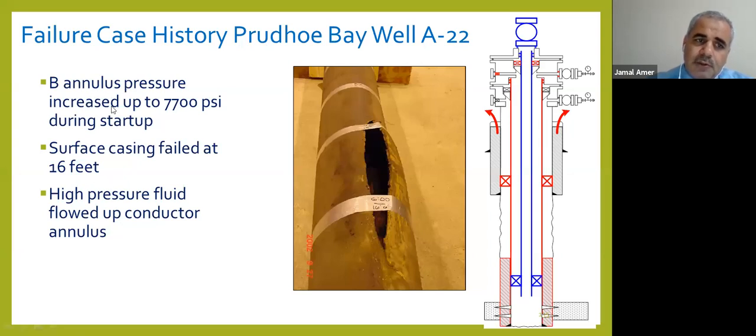Because the pressure increased up to 7,700 psi during startup of the well. The well was newly started and it was cold. And when new fluid came with high temperature, it caused thermal expansion of the completion fluid in the annulus.